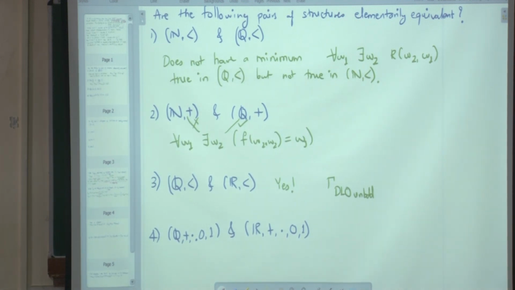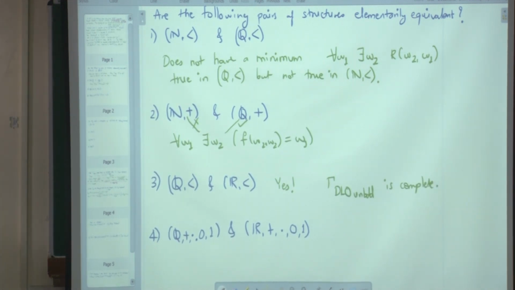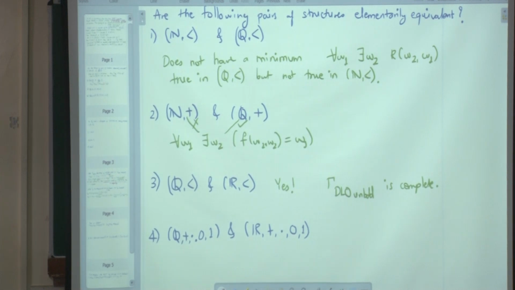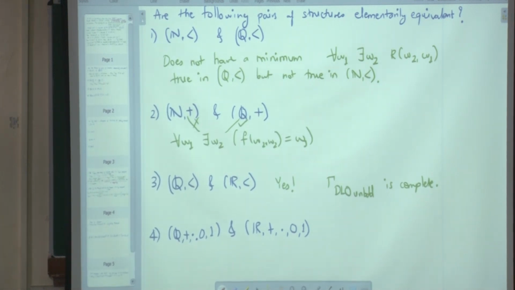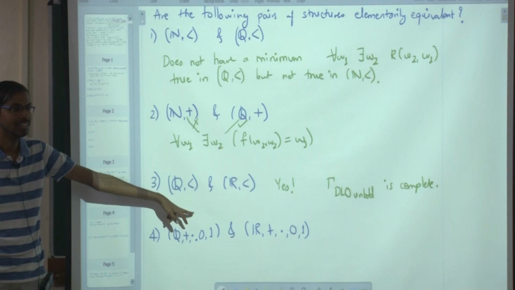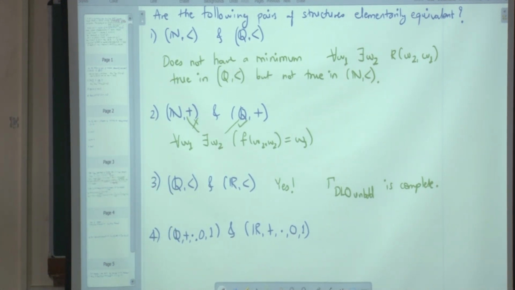DLO, dense linear orders, and unbounded, it doesn't have a minimum, it doesn't have a maximum. This is complete, and therefore any two models of it are elementarily equivalent. We just showed that. And we'll see the answer to this next week. We'll use the Łoś-Vaught test to conclude why this is complete.